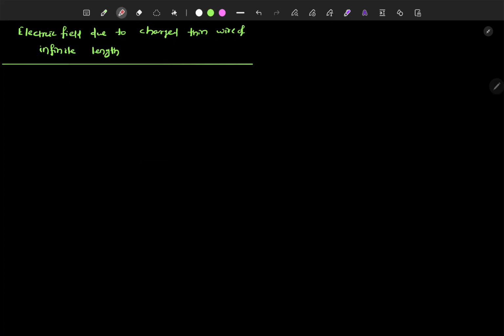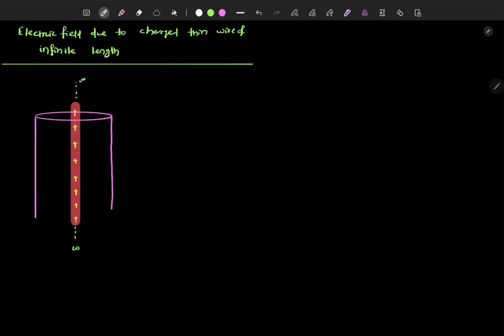I am going to draw the diagram. And the nature of Gaussian surface we have just discussed, that is cylindrical in nature, a coaxial cylinder. Here we can assume that this pink color portion is our Gaussian surface, a coaxial cylindrical Gaussian surface.